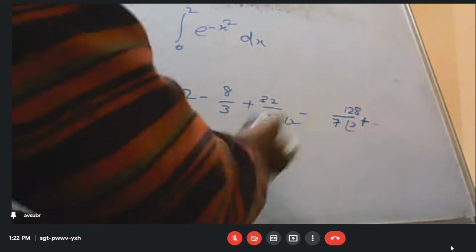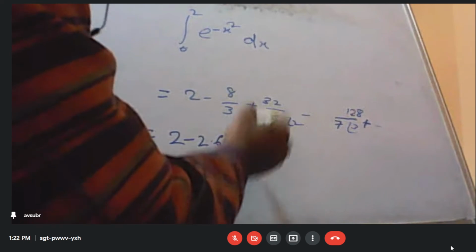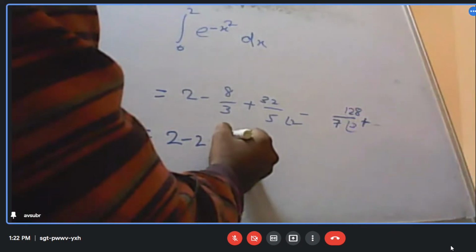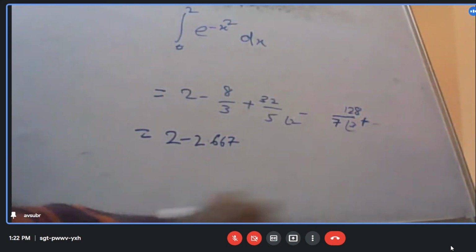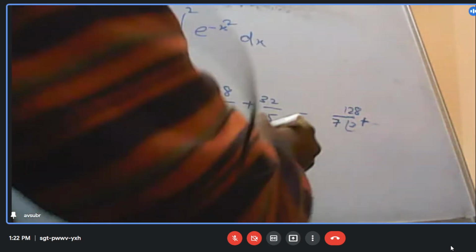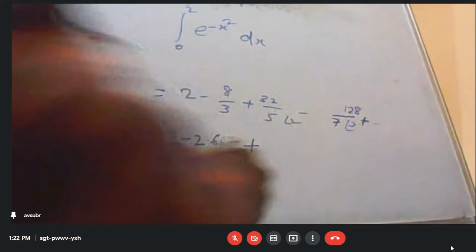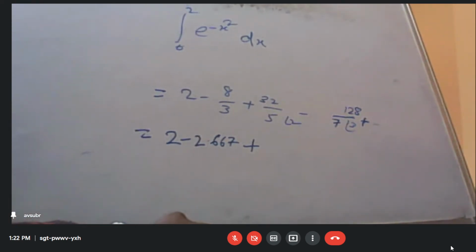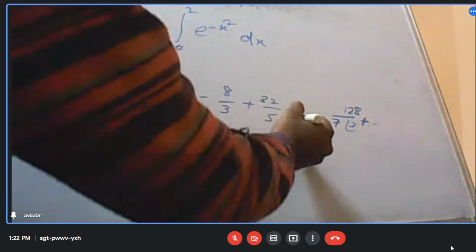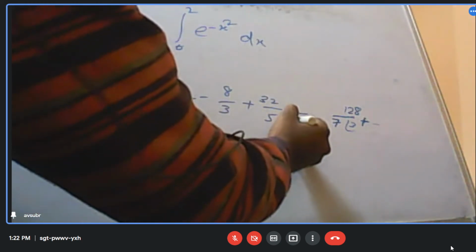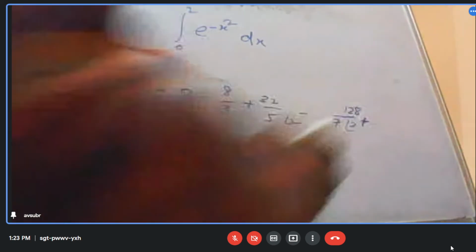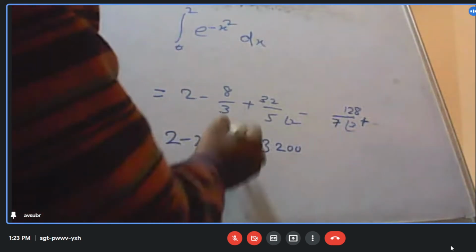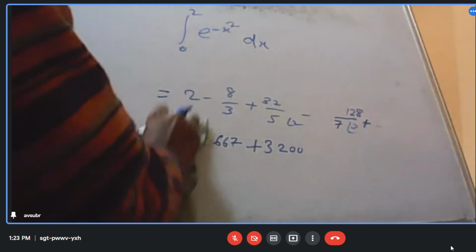Okay, let us take up to third decimal, so I write down 2.667. Okay, next term will be plus 3.2. 16 by 5, 3.2, correct. 3.20, right, because we have to make it uniform.